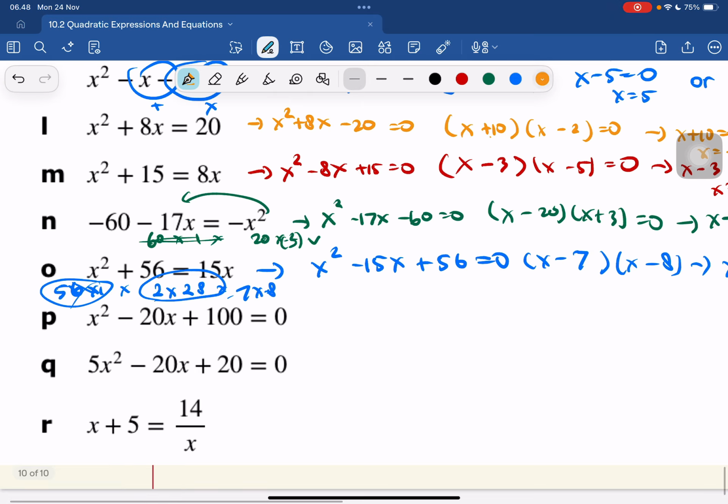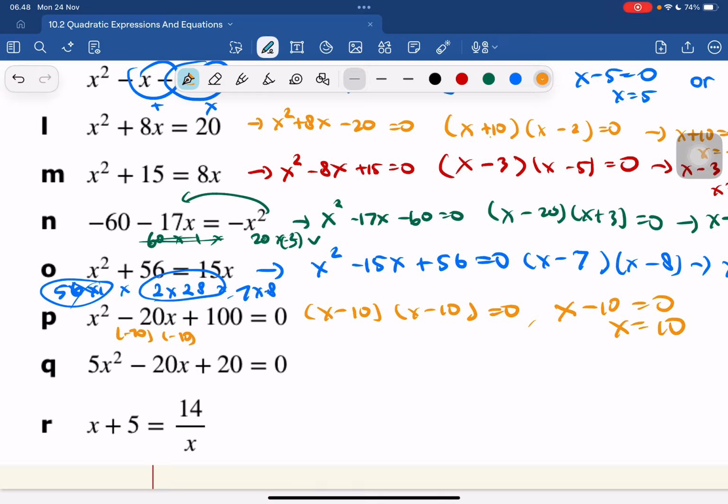Now the next one. 100. When we add, it's going to be minus 20. We got minus 10 with minus 10. So x minus 10 and then x minus 10 equal to 0. They are equal, so we can just write it as x minus 10 equal to 0, so x equal to 10 only.